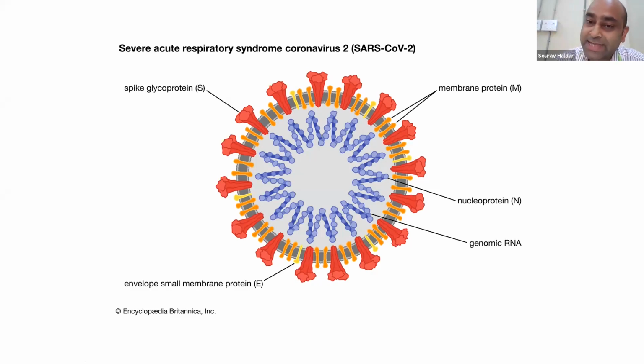But the point is that you can now understand the importance of the cell membrane or lipid membrane, not only from the cellular point of view, but also how an infectious agent like SARS-CoV-2 can infect us has a lot to do with its membrane. In fact, the spike glycoprotein against which the vaccines are raised is actually a membrane protein.